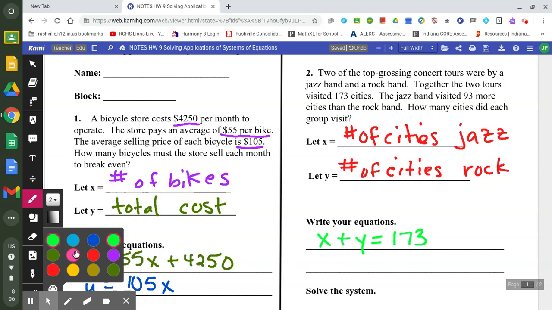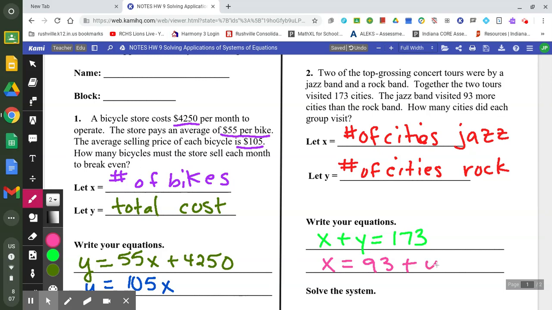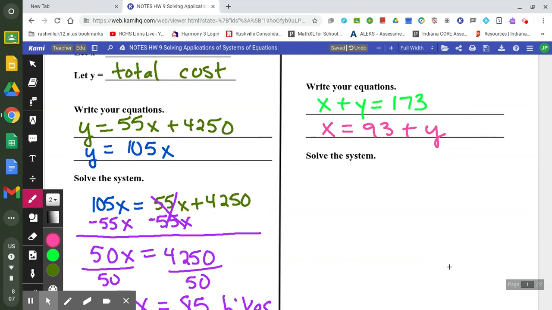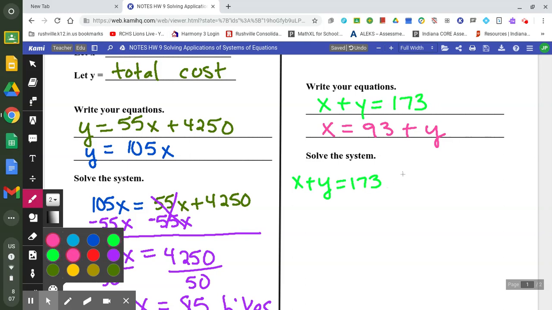And then it says the jazz band visited, so the jazz band was X, the jazz band visited or equaled 93 more than the rock band. And now we've learned how to solve systems of equations. This one is set up to do substitution. So I'm going to put these two equations side by side: X plus y equals 173 and X equals 93 plus y.